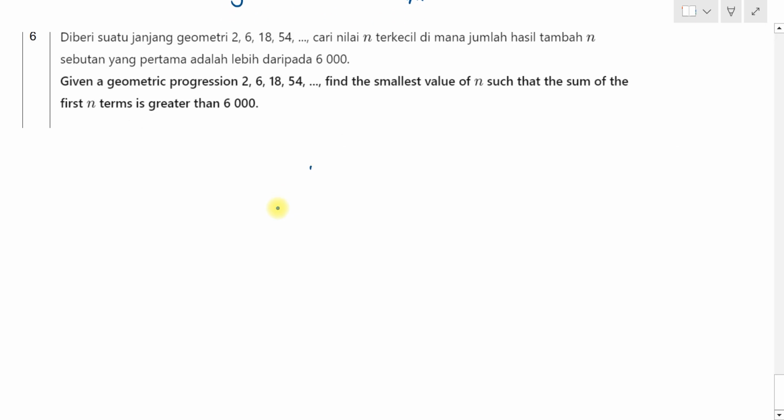Given a GP is 2, 6, 18, 54, find the smallest value of n. So they give you a GP ready, so immediately find your a and your r. Find the smallest value of n such that the sum of the first n terms, Sn, is greater than 6,000.